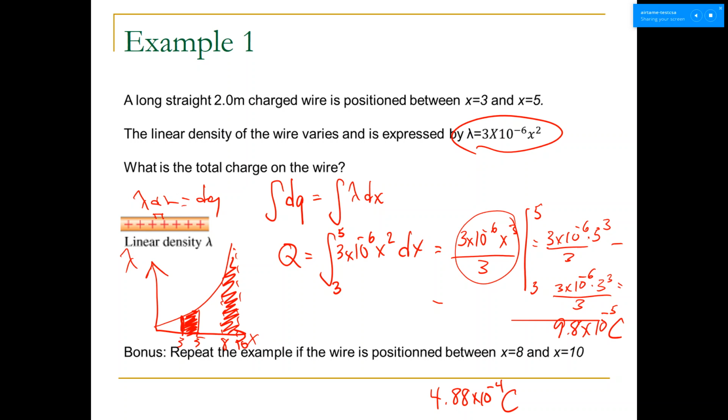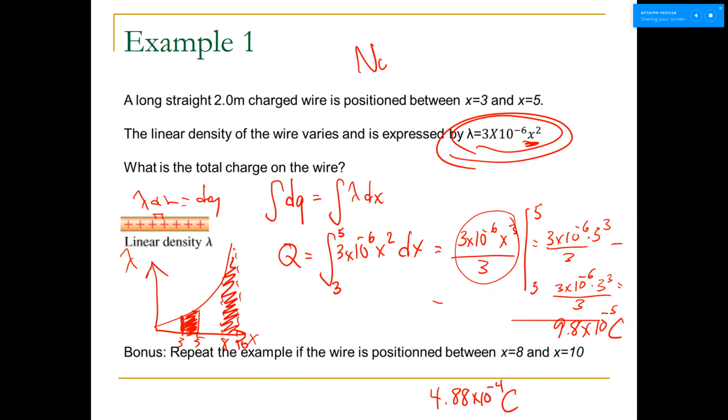Why is the curve like that? Because the initial function is a quadratic function. It's x squared. This is a non-uniform charge density, because the charge density changes as a function of distance.